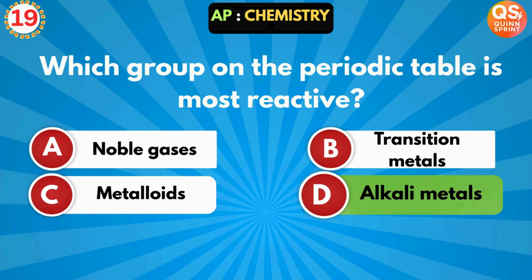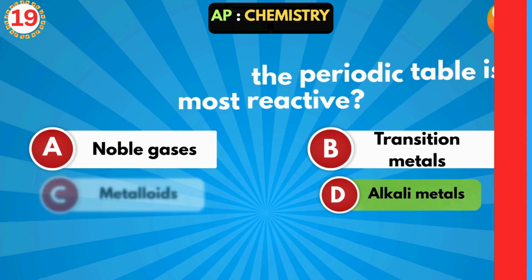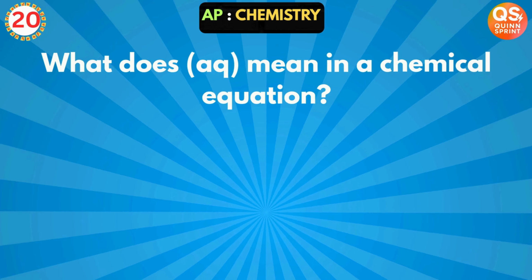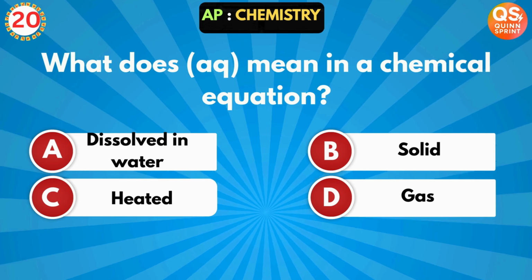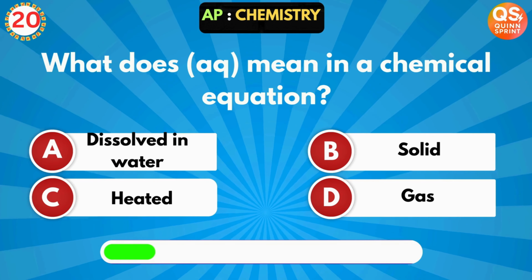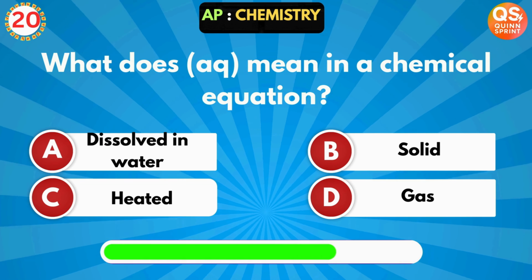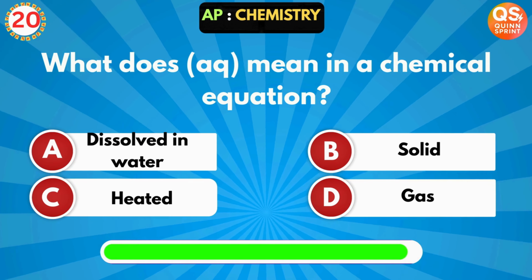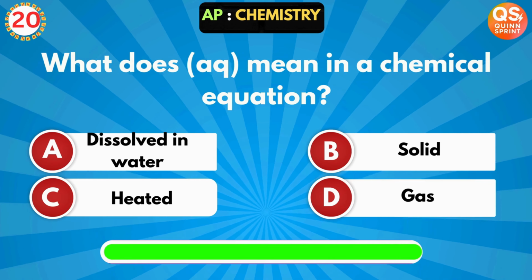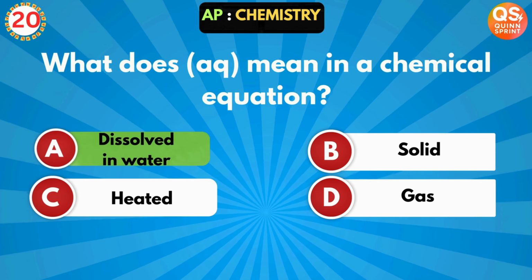Alkali metals. What does AQ mean in a chemical equation? Dissolved in water.